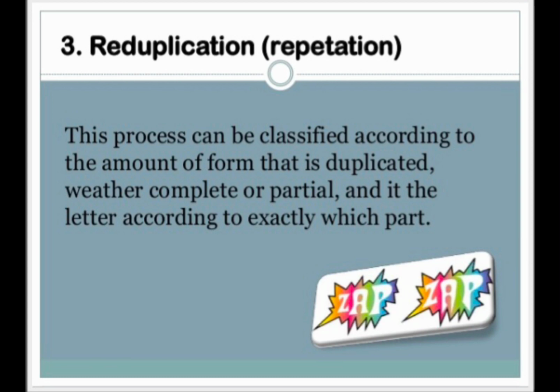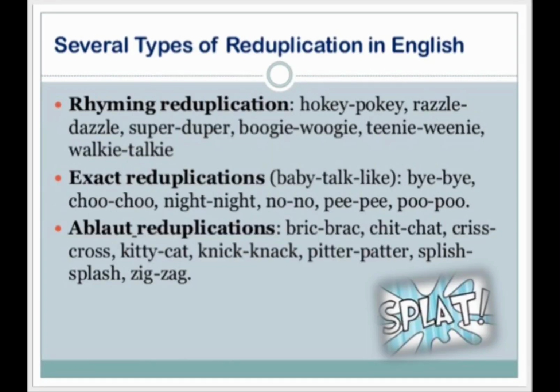Next, there is reduplication or repetition. This process can be classified according to the amount of form that is duplicated, whether complete or partial, and in the latter according to exactly which part. There are several types of reduplication in English. First, rhyming reduplication. For example, hokey pokey, razzle dazzle, super duper, boogie woogie, teeny weeny, walkie talkie.